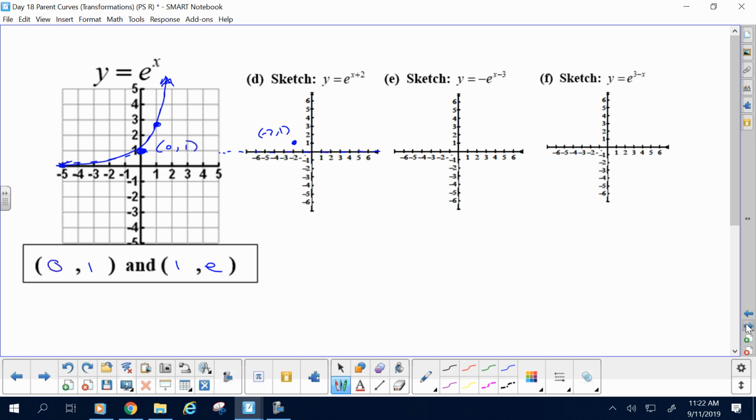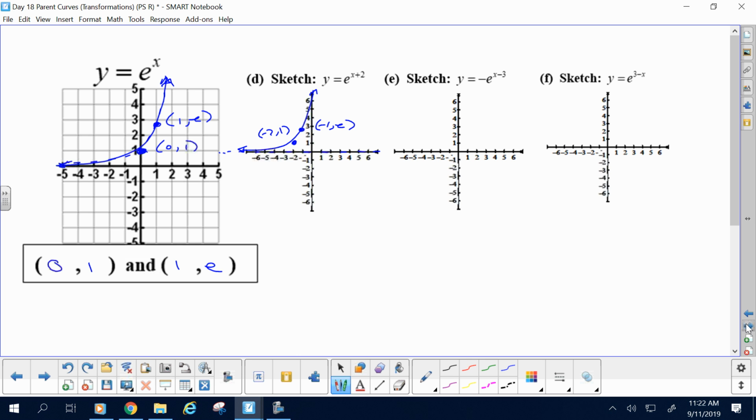And what about the point 1, e? When you move it left 2, where does it move to? If we move it left, is the x going to change or the y? The x is going to change only. So 1 minus 2 is negative 1, e. So this point is negative 1, e. You follow?